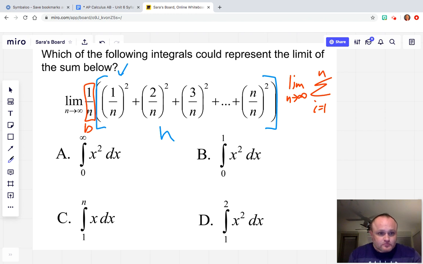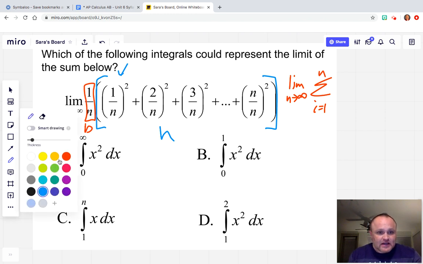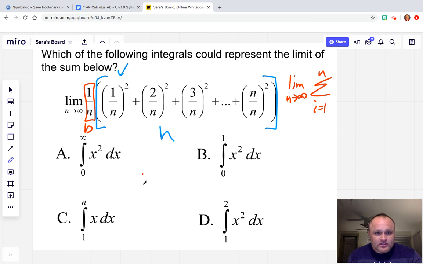So picture this: if I have a rectangle, my first one's width is 1 over n, and that comes from this base amount. So that's 1 over n. And that means we could say that this is, let's say, 0, and this is 1 over n.